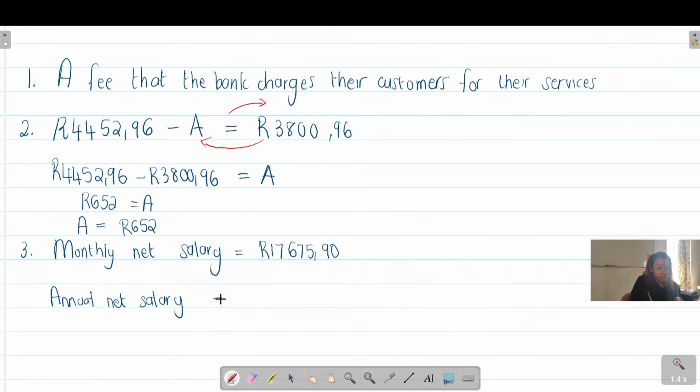We need to multiply this monthly salary by 12, right? So if you punch that into your calculator, you will get that the annual net salary for Mr. Solly Sibuko is 212,110.80 cents.